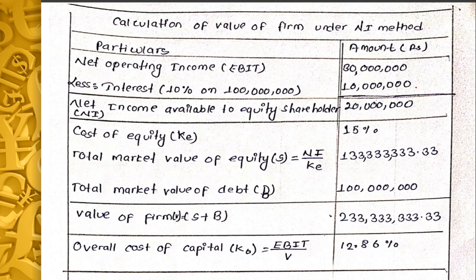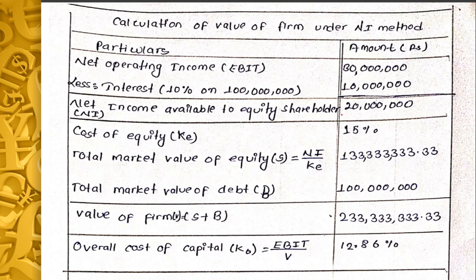So once after deducting the interest, the net income before tax stands at 20 million. And since there is no tax to be paid according to the assumptions, the net income before tax itself is considered as net income available for equity shareholders.